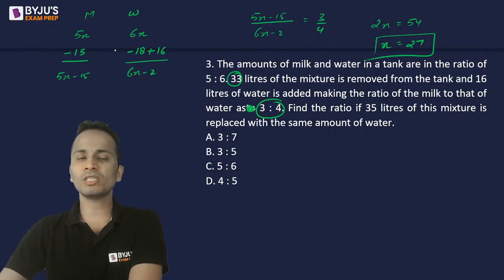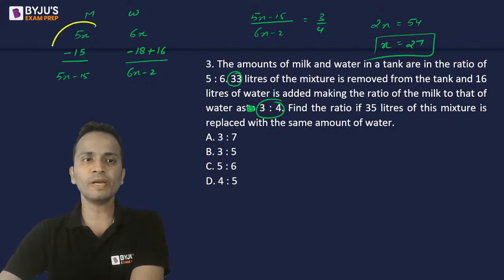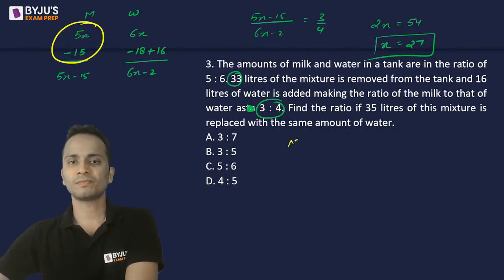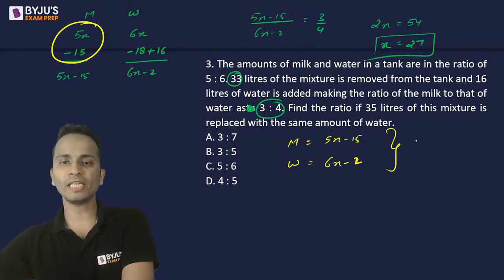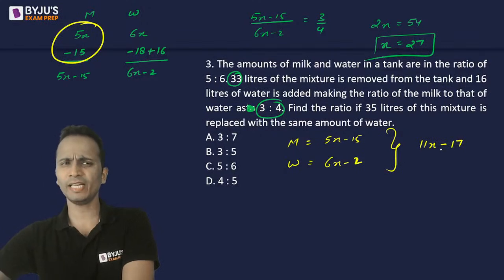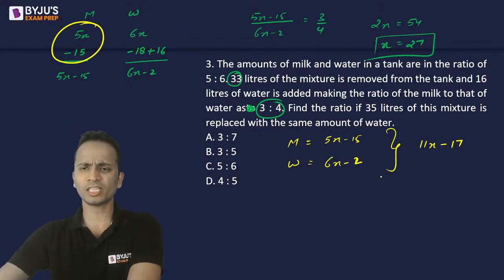Now let's talk about this new mixture. The new mixture has milk which is equal to 5x minus 15 and it has water which is equal to 6x minus 2. Okay, so the total quantity here is 11x minus 17. All right, fine. This is the new mixture that I have.